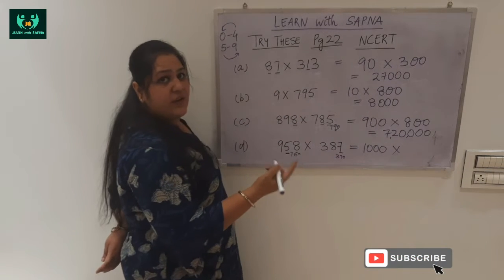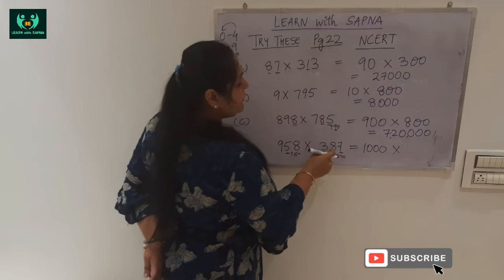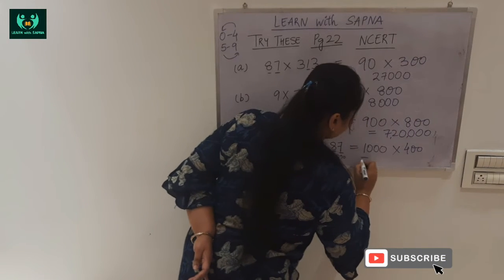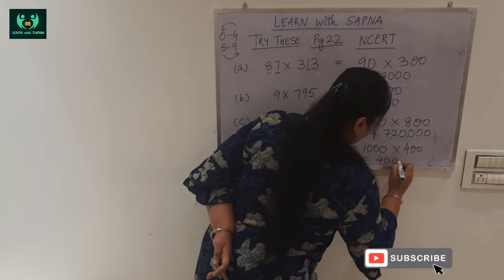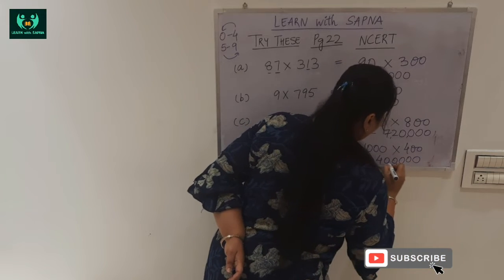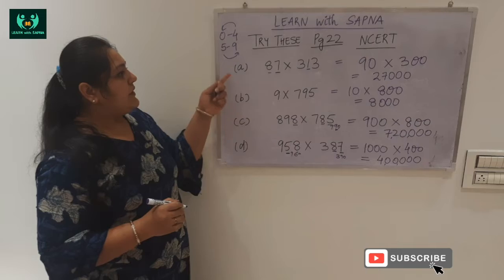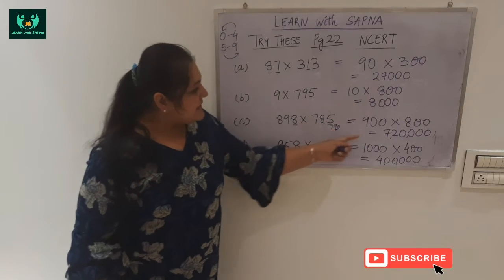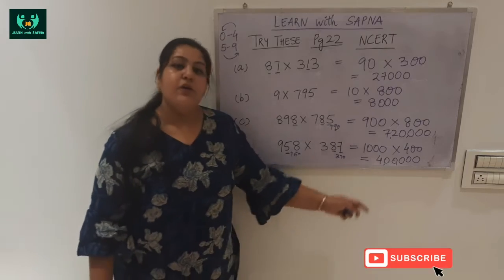But 390 is again complicated. So we'll round it off according to 8 to 400. So your answer will become 4 lakh. So for this approximation we get answer 27,000, here 8,000, 7,20,000 and here 4 lakh.